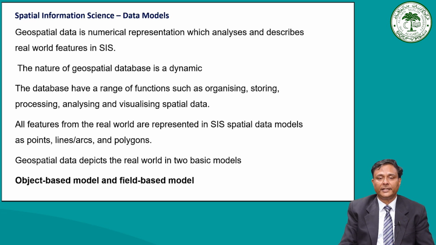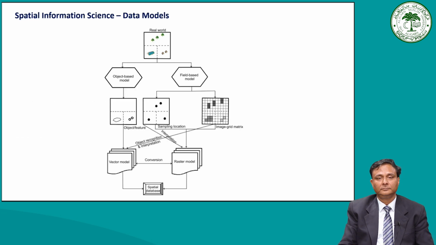The geospatial data depicts the real world in two basic models, the object-based model and the field-based model. So this diagram shows that the real world features may be transformed into multiple raster and vector data formats when establishing a spatial database.